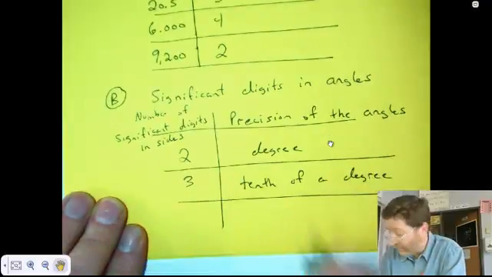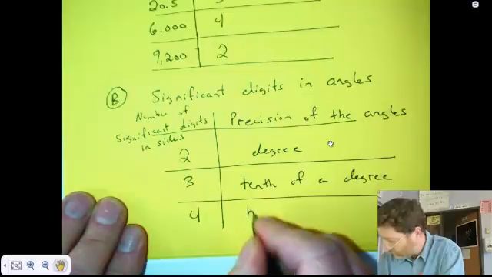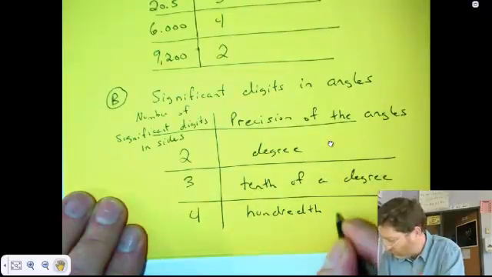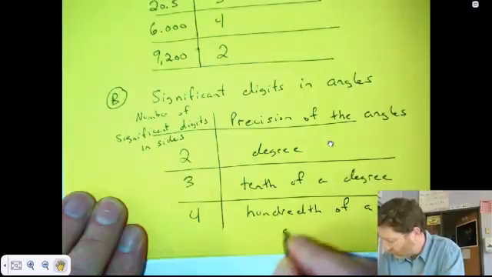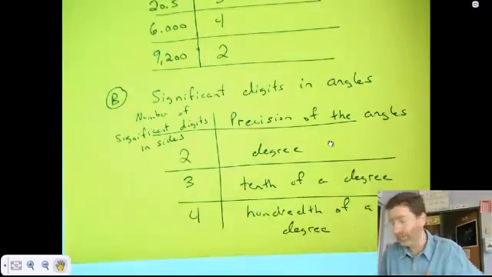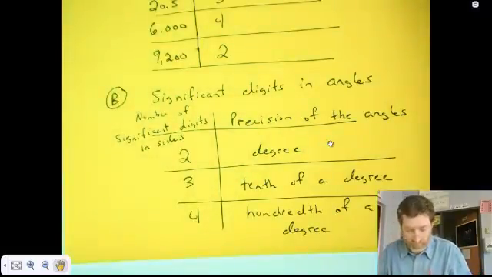And finally, if we had 4 in the side length, then it'll be the 100th of a degree. So, some rules to follow. And I'll just run through a couple of the types of questions you're going to have on the assignment.